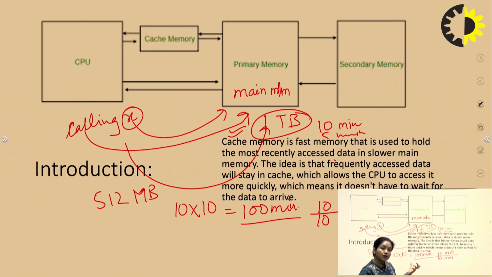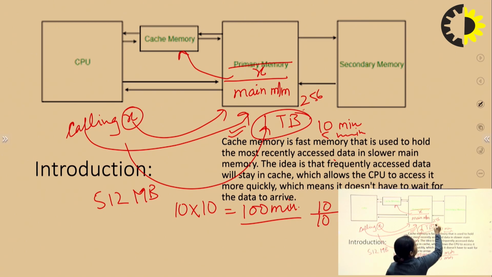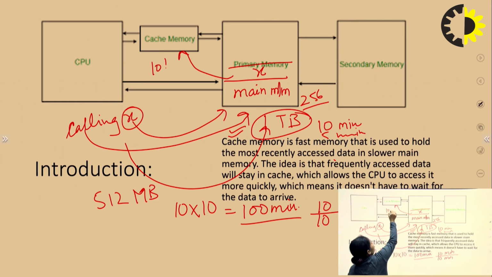So the computer system will place the value of X in the cache memory. There will be some blocks, and suppose X is in this block. So this block will be transferred to the cache memory. Suppose in the main memory there were 256 blocks, and the cache memory has 8 blocks.